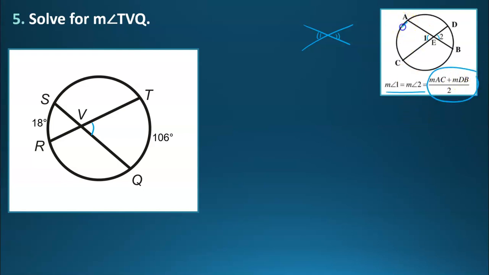They both equal all this stuff. So what is all that stuff? It's saying this arc measure plus this arc measure. All right, that's the top section. Those two arc measures added together, and then we just divide them by 2. So here we've got measure of angle TVQ is going to be equal to the measure of arc SR plus the measure of arc TQ.